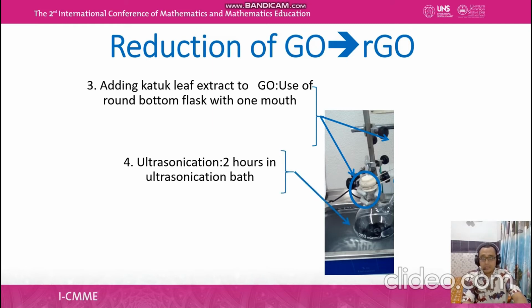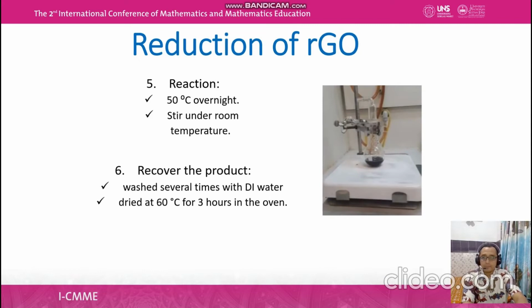After the graphene oxide was completely dispersed in the leaf extract, the resulting solution was directly placed into a glass beaker with continuous stirring at 50 degrees Celsius for 24 hours. Then the product was washed several times with DI water and dried at 60 degrees Celsius for hours in the oven.